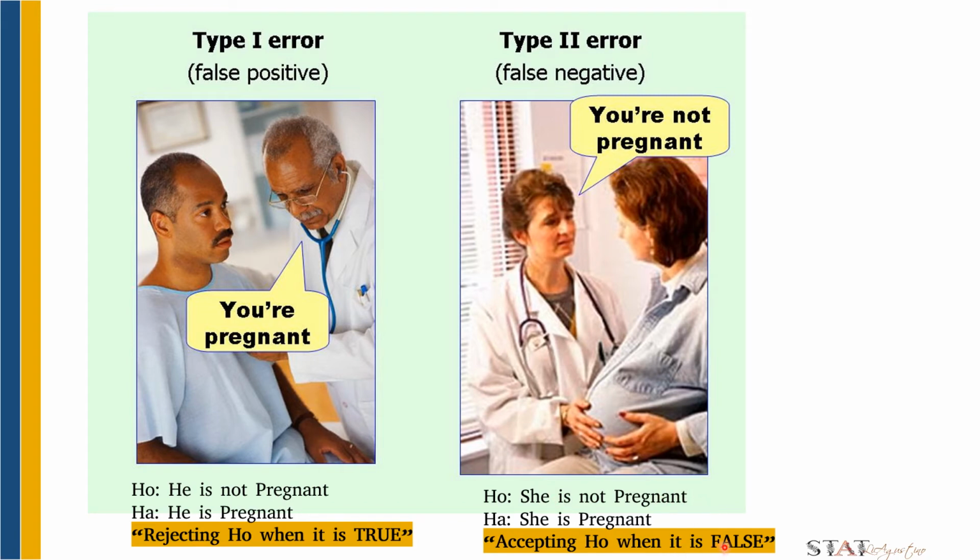So you've committed a type 2 error. Again, for type 1 error, that is false positive, you reject H0 when it is true, because your H0 should be he is not pregnant, but you reject it.